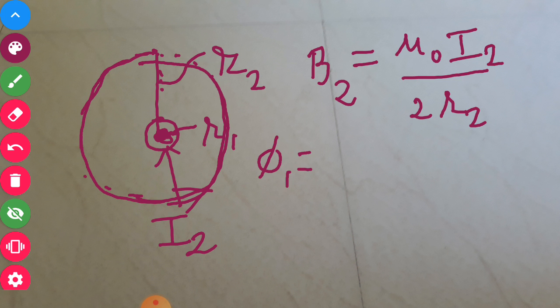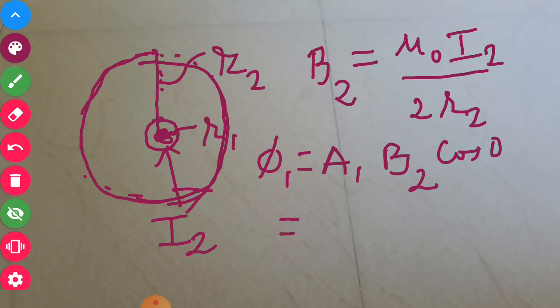The flux associated with the smaller coil because of this magnetic field is phi equals B into A. So phi 1 is equal to the area of the first, the magnetic field of the second, into cos 0, because the area vector and magnetic field are both in one direction.